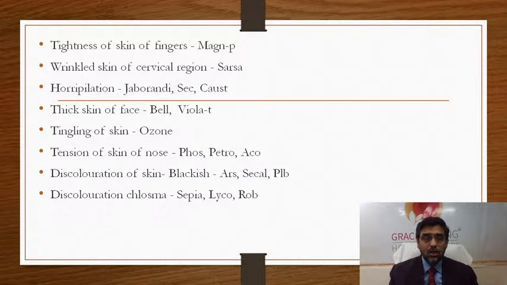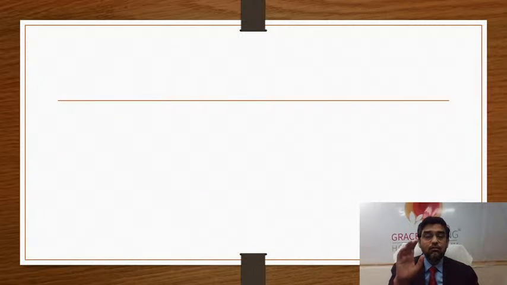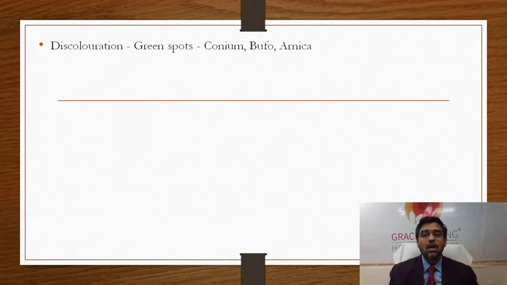But two remedies that should come to your mind for these complaints are bufo rana and conium maculatum. Very, very important remedies where the discoloration is in greenish spots. Have you ever come across this type of cases?